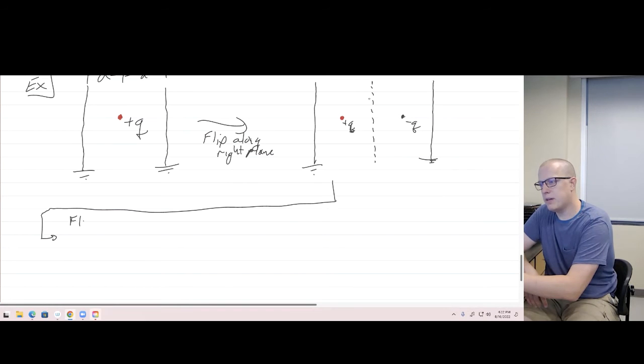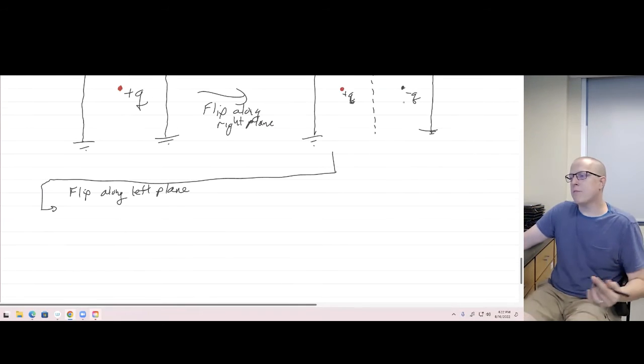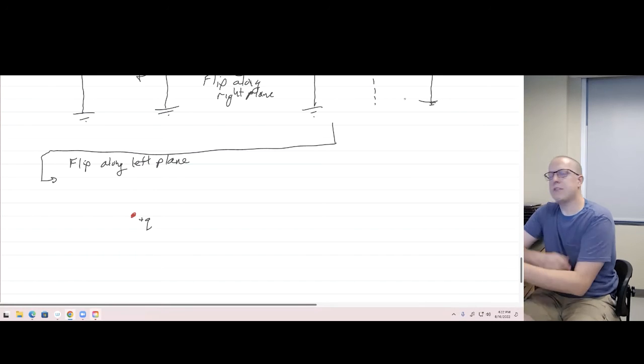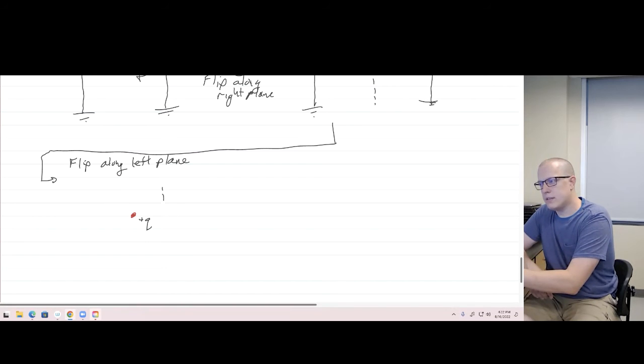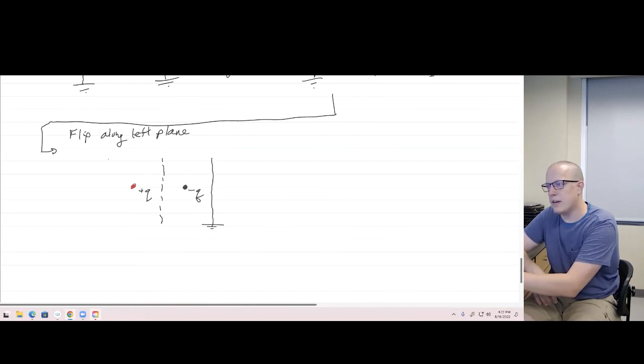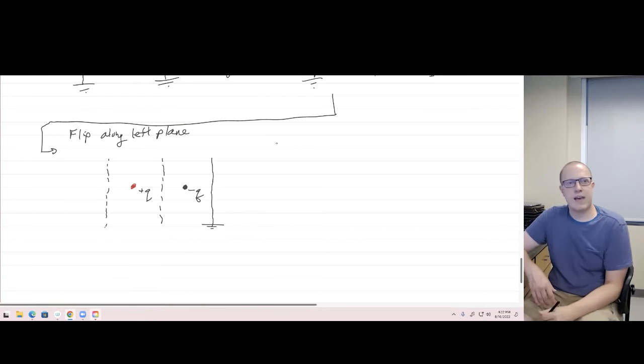Now I'm going to flip along the left plane. And so I have to flip everything that this sees. Again, I'm going to use my red point for reference. So I have my plus Q here, and everything that was on the right side stays as it was. So I have the plus Q, the minus Q, and that line still stays there. But now, when I flip everything along the left plane, the left plane has gone away, so I don't have that.